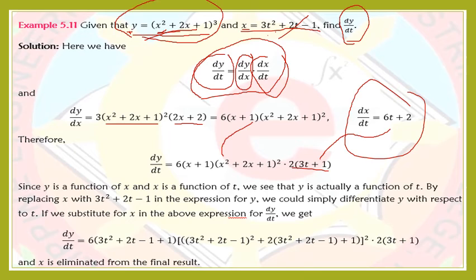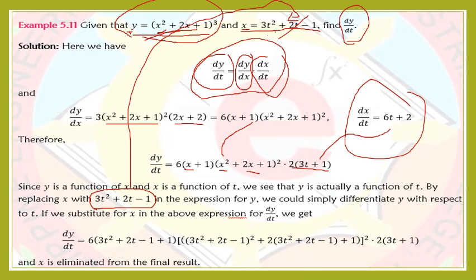We could simply differentiate y with respect to t. So, if we substitute for x in the above expression for dy over dt, we get, okay, lahat ng variable x dito class, palitan natin yan ng 3t squared plus 2t minus 1. Saan yan galing? Dito yan galing sa given natin, kasi x is a function of t naman. So, pwede.